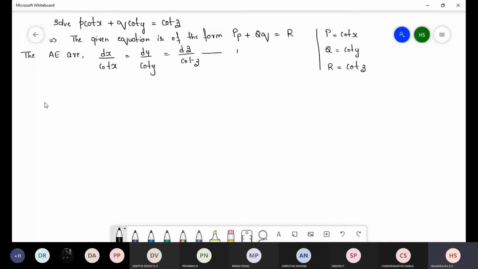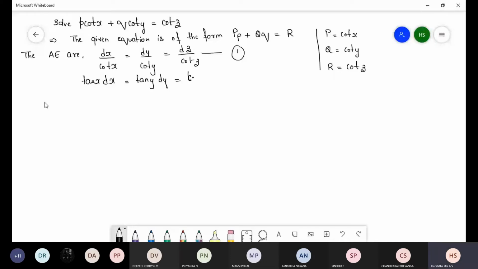We can call this equation 1. This can also be written as tan x into dx is equal to tan y into dy is equal to tan z into dz.